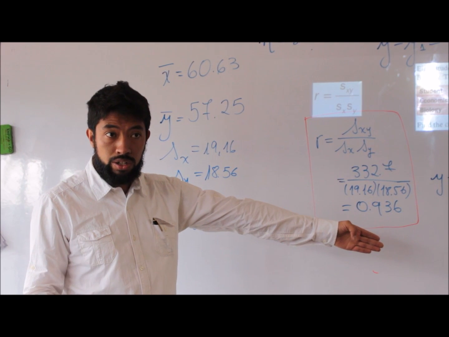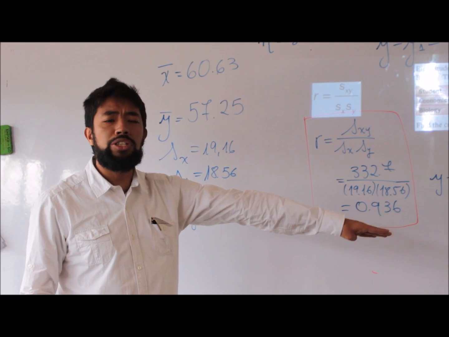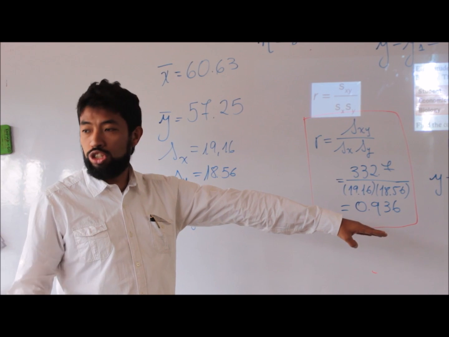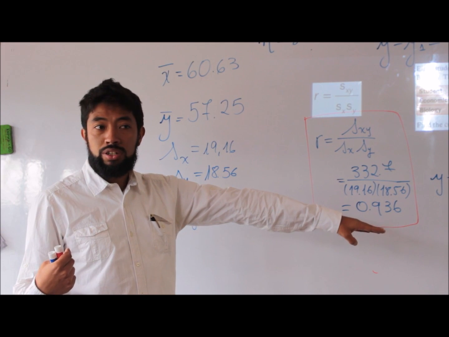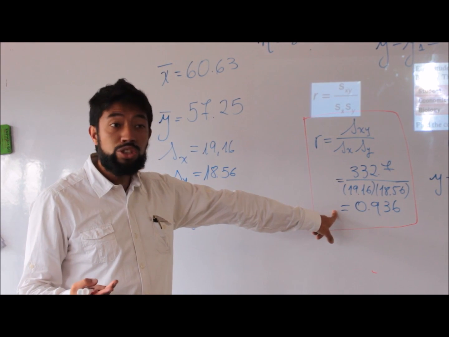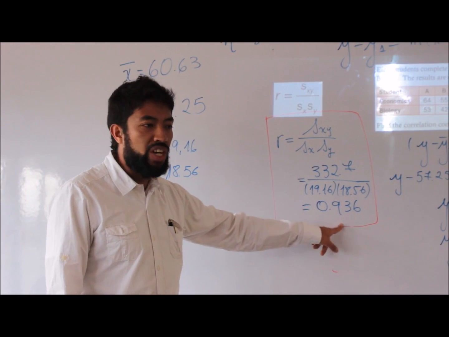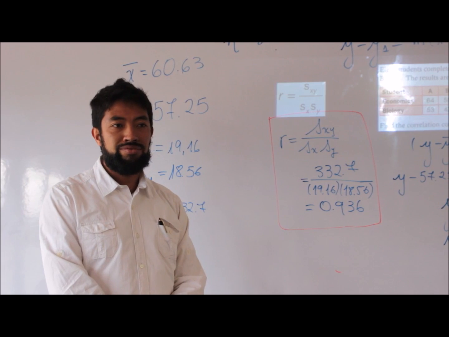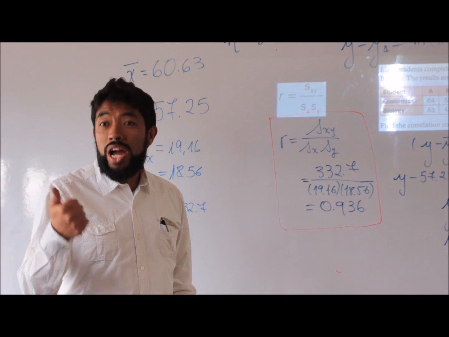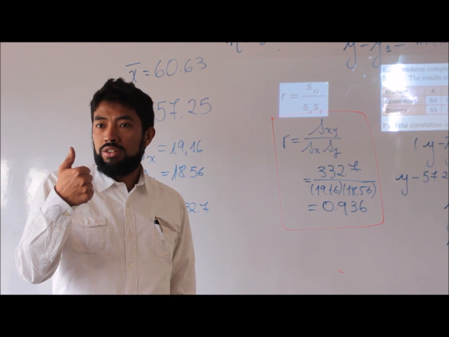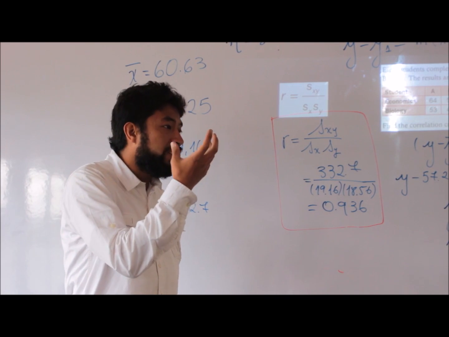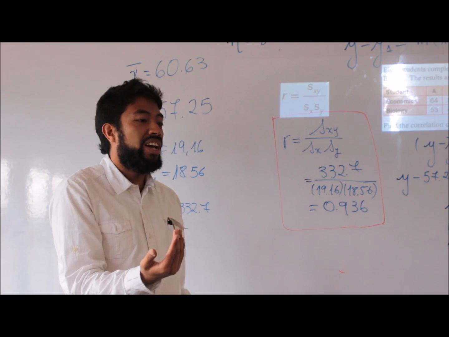Why did we find the regression line? You just gave me the answer. Because it is strong correlation. If I obtain here 0.15, I'm not going to do the regression line. When can regression line be valid as a model to represent data?